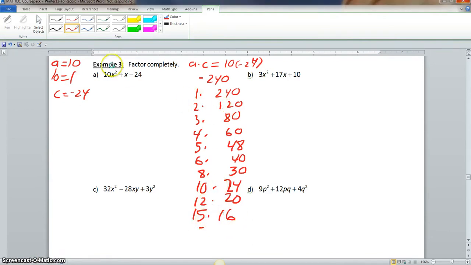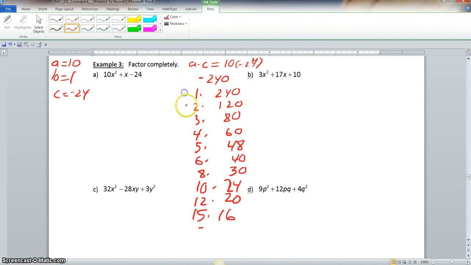Okay, so now what we have to do is this. Since we multiply A and C and it gave us a negative, but our B is positive, that means that the smaller number has to be negative.